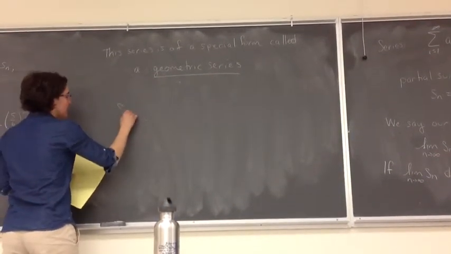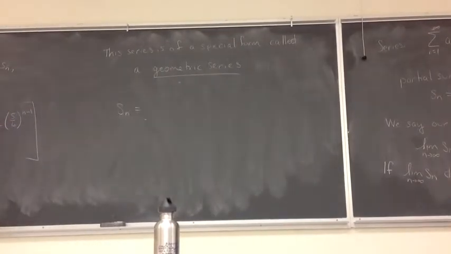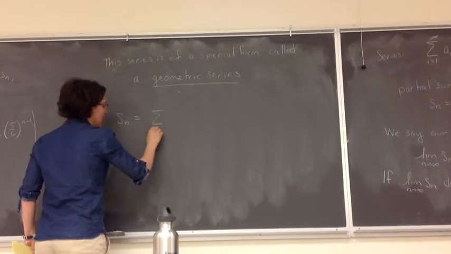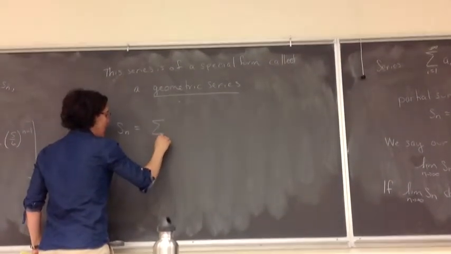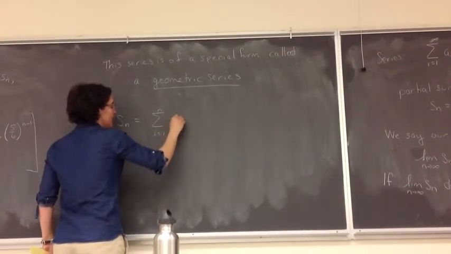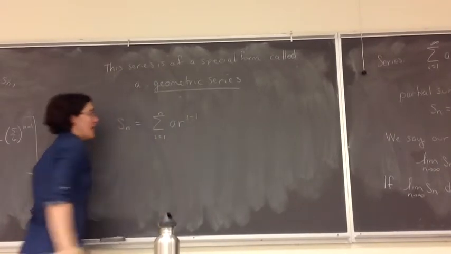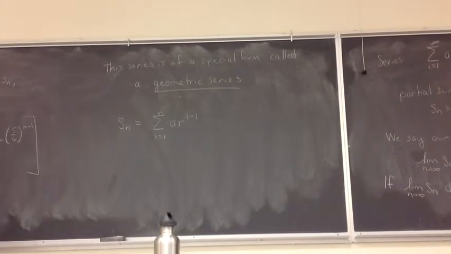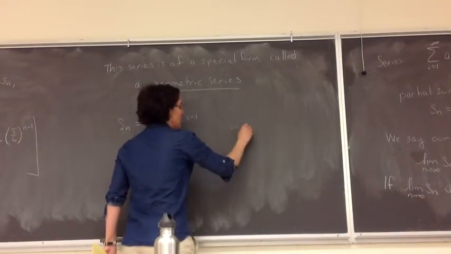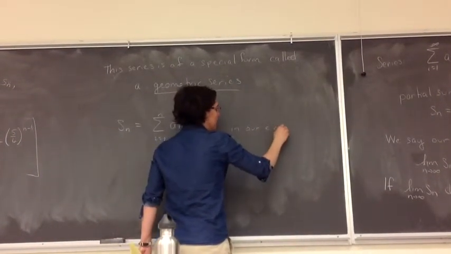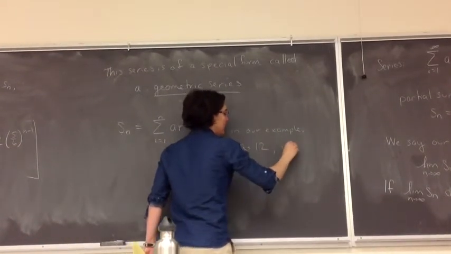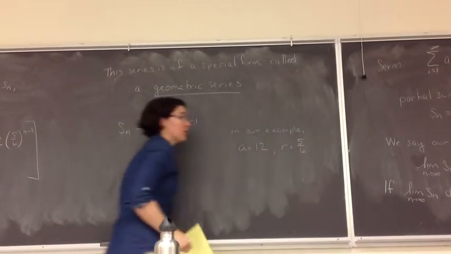And so the general form here is Sn is equal to the sum where i goes from 1 up to n of a times r raised to the i minus 1. In our example, a is equal to 12 and r is equal to 5/6.